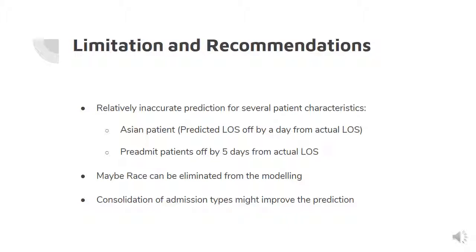So those two were the potential footholds for our project, and based on that, the recommendation could be that maybe we might eliminate the race variable altogether from the modeling, and also maybe consolidating the admission types might improve the prediction model.